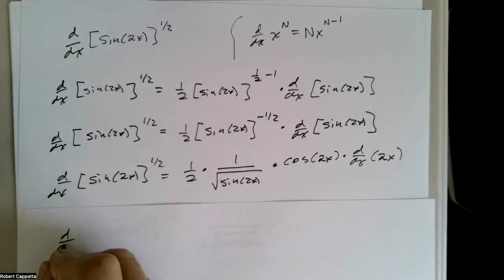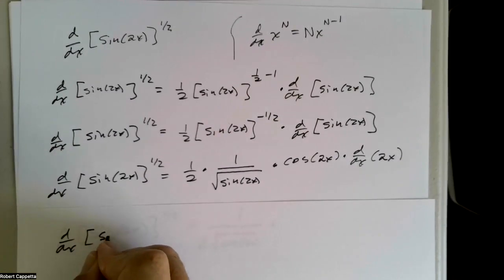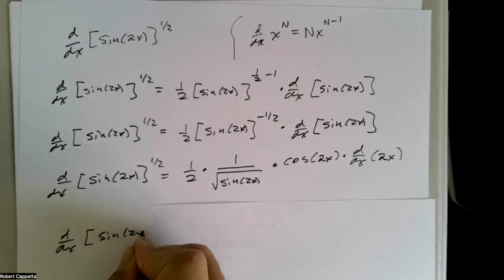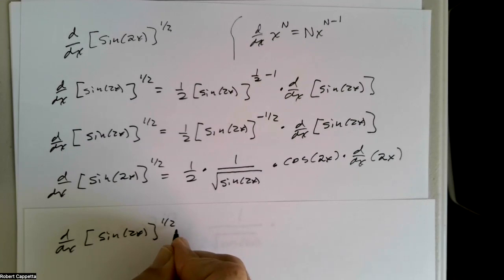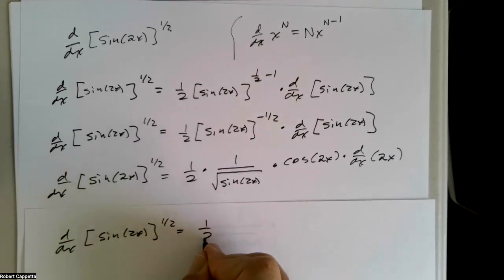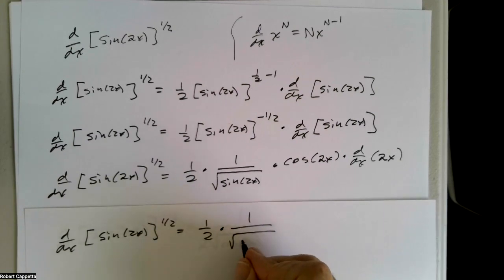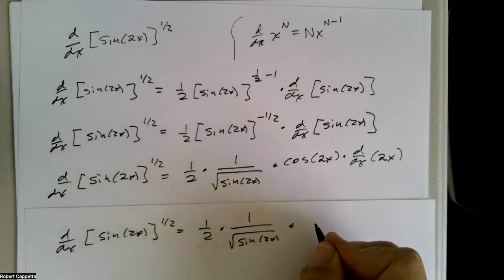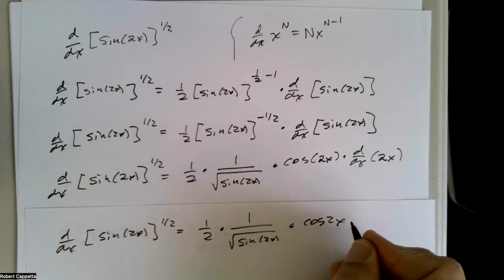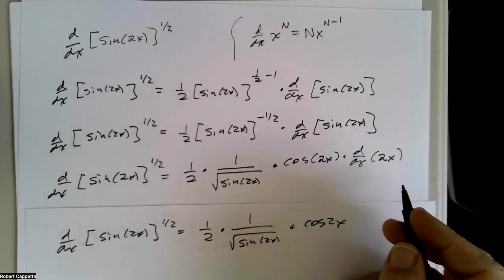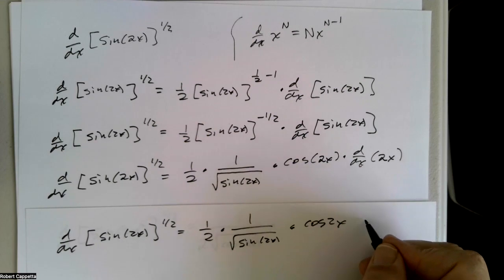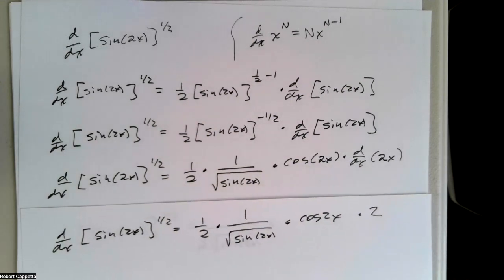The derivative with respect to x of sine 2x to the 1/2 power is 1/2 times 1 over the square root of sine 2x times cos 2x times the derivative with respect to x of 2x, which of course is just equal to 2.